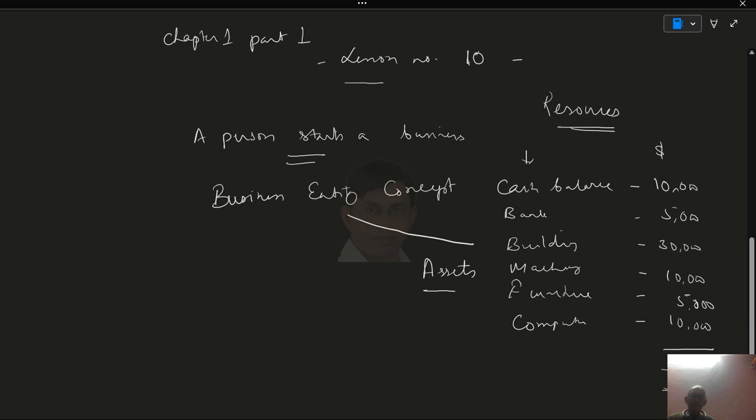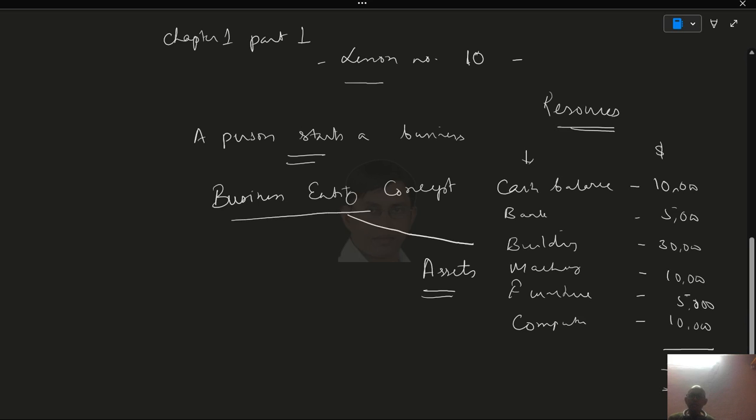It is very important. Initially you may find it somewhat technical, but you have to understand accounting. Assets are resources used by the business to continue running the business. Now what does the business entity concept say?